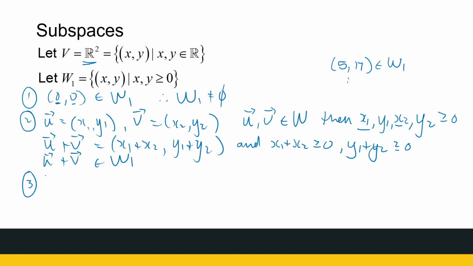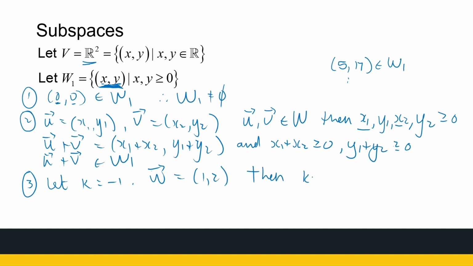Let's look at scalar multiplication. Now you've got to stop and think. If I've got two numbers here that are greater than or equal to 0, and I multiply with any scalar, will I again be in this set? Meaning, will those numbers be greater than or equal to 0 every time, no matter what scalar I choose? And the answer is no. And we can use a counterexample. Let's just use our scalar k equal to -1, and let's choose a vector we haven't used. Let's call it w, equal to (1, 2).